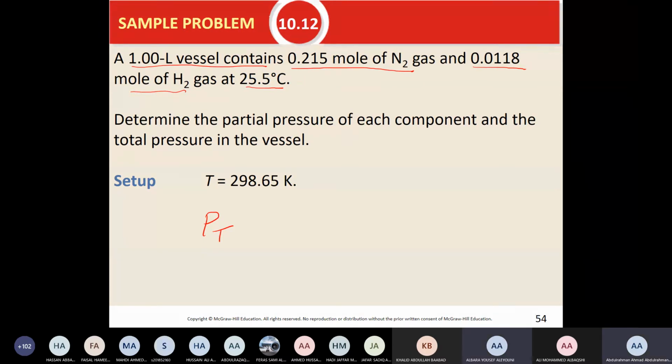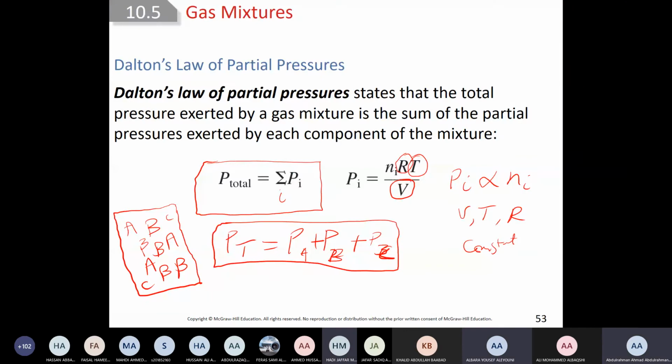Add the 2 moles. No, no. Actually, as I said, let me go back to this: P total is equal to PA plus PB plus PC. We can also say N total, because it's proportional, equal to NA plus NB plus NC.